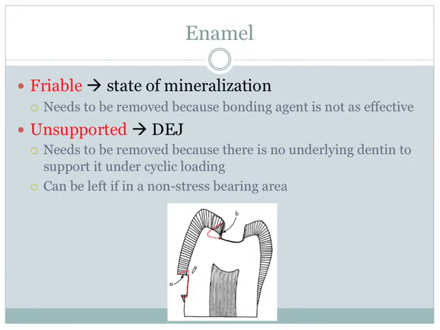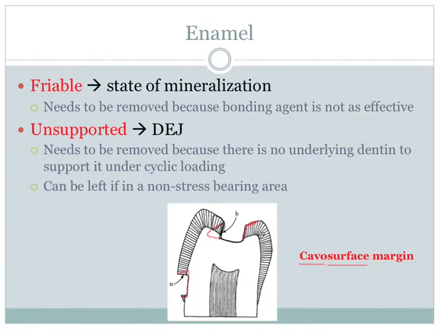So we have to orient our preparations in a certain way depending on where we are in the tooth. Enamel rods are perpendicular to the DEJ, so keep that in mind depending on where you are on the tooth. Another important term is the cavo-surface margin. If we dissect the word, cavo for cavity and surface for tooth surface, it's the junction between the cavity wall and the external surface of the tooth.